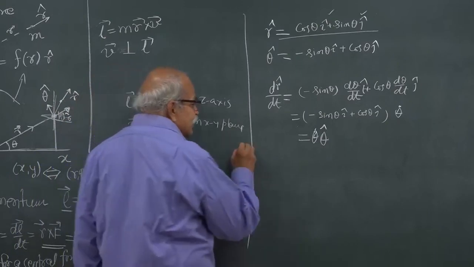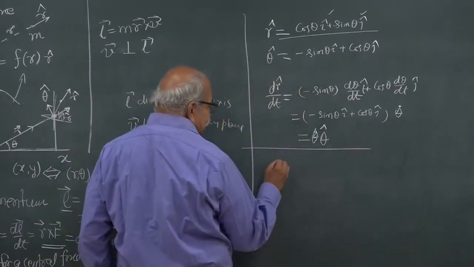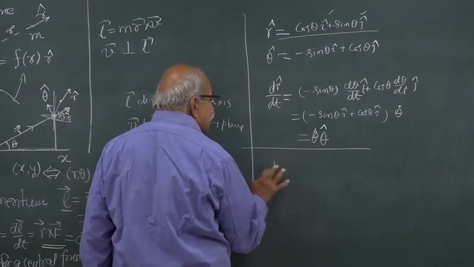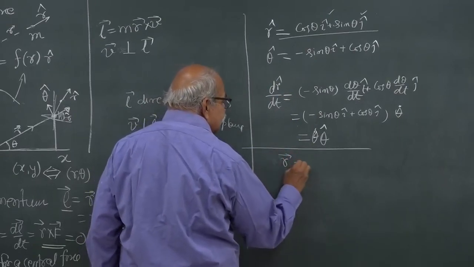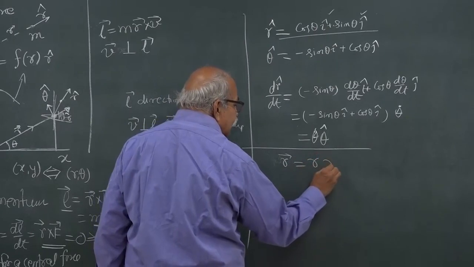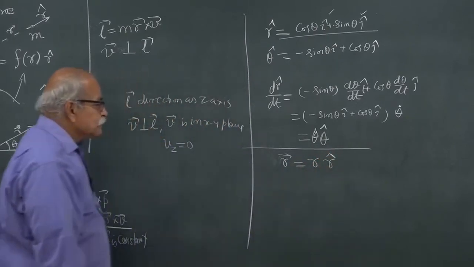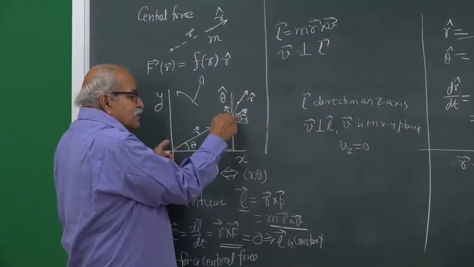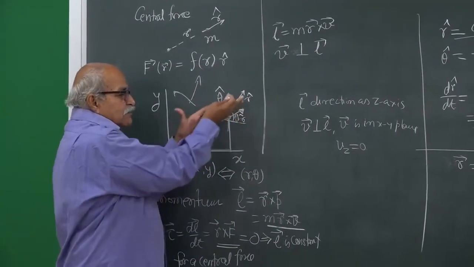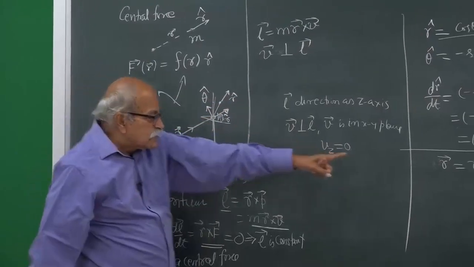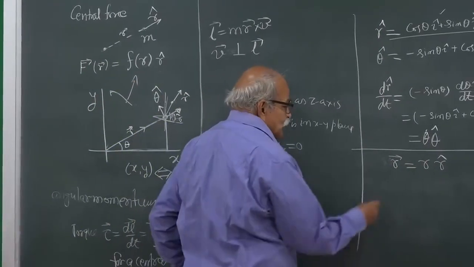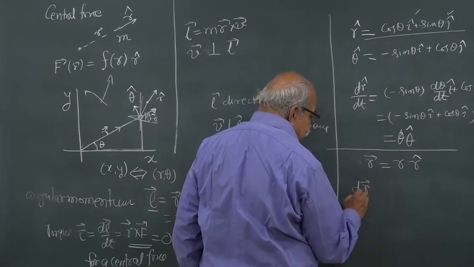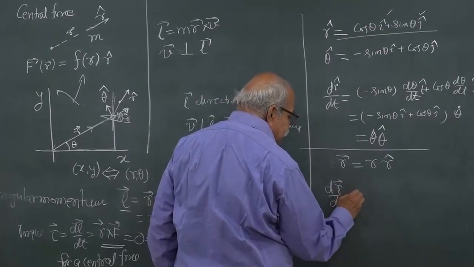Right. So, once again let us write this L vector. What is the v vector? First, what is the r vector? The r vector has magnitude r, and the direction is r cap. So, the r vector is r r cap. Now dr dt is the velocity of the particle.